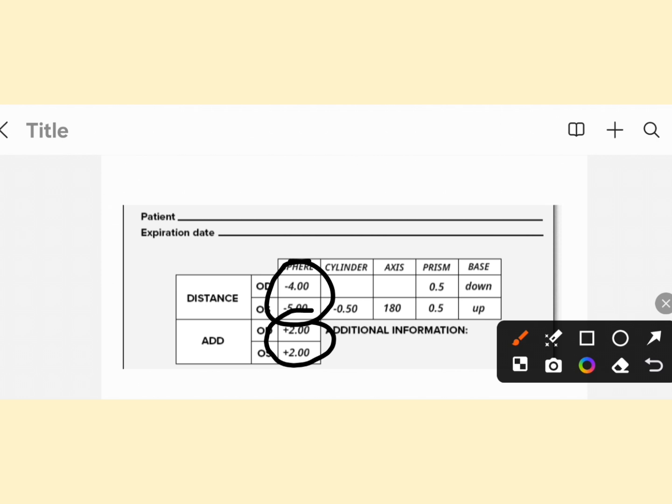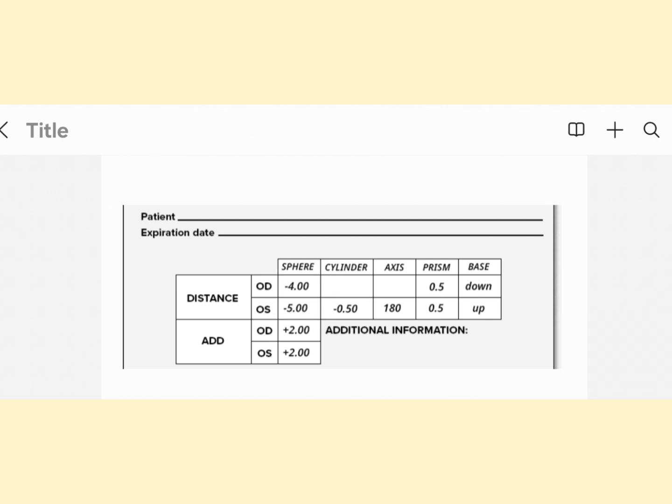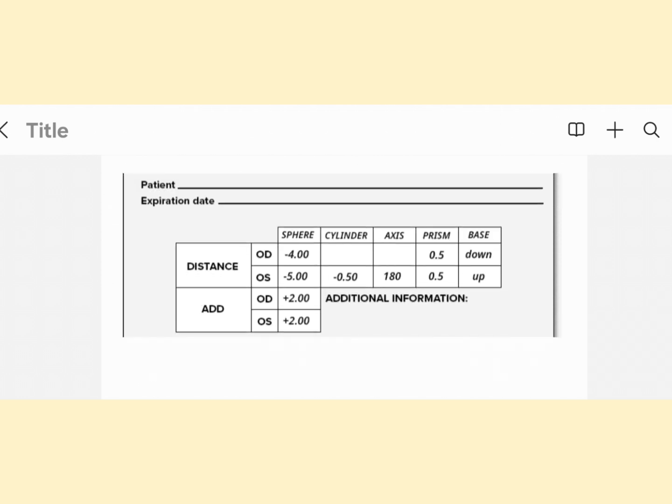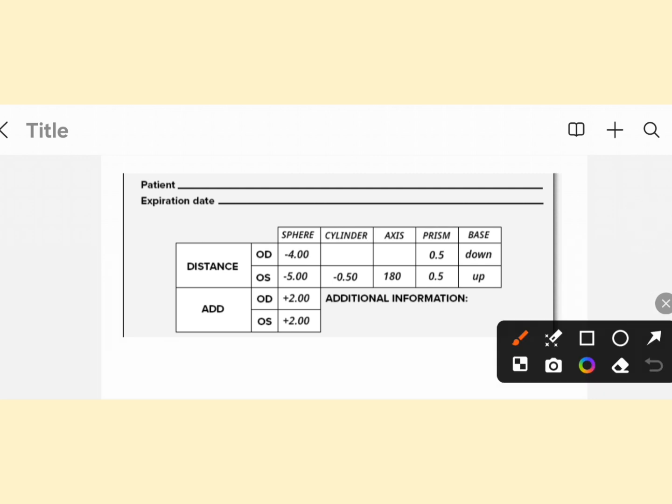And remember, there is no specific power for any age. It depends on what reading distance you work at. Okay, so here the addition power given is +2. Now another thing I would like to tell is that here they have missed one extra column. Let me put it.